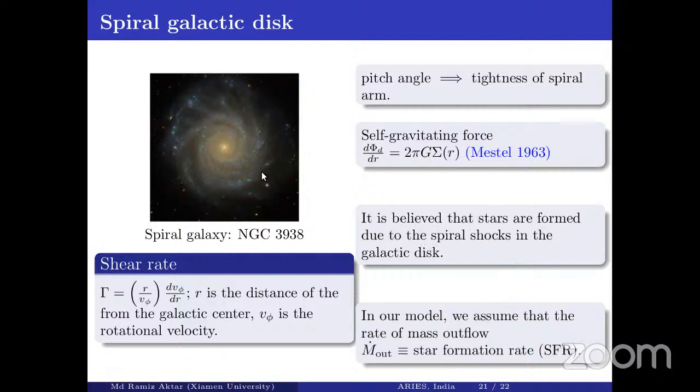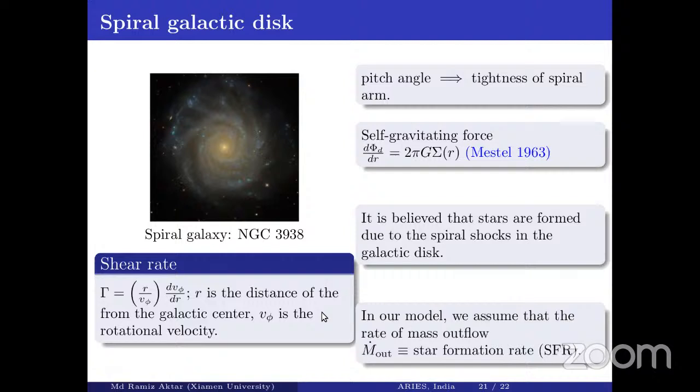And also for this galactic disk, it is believed that spiral shocks are forming in the disk of the spiral galaxy. In these spiral positions, there might be star forming regions. So in our model, we assume that the mass outflow is basically the star formation rate.